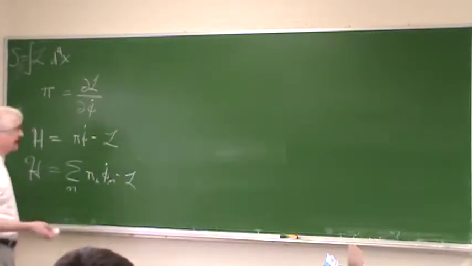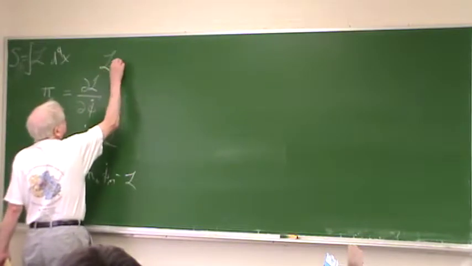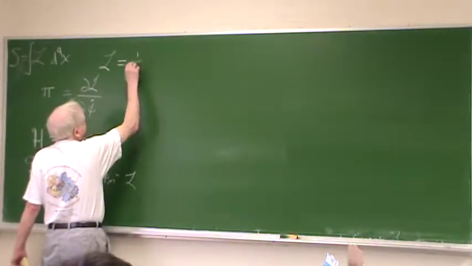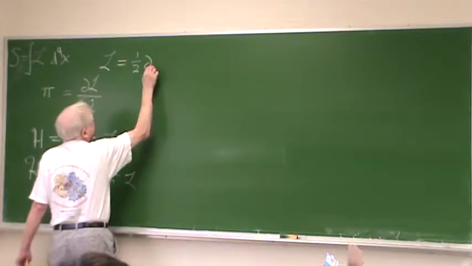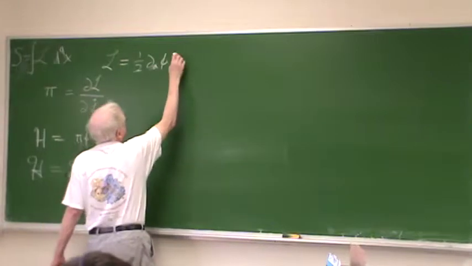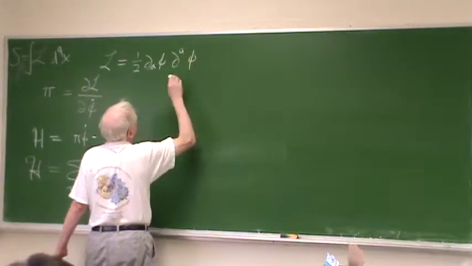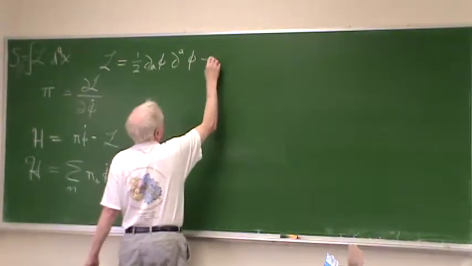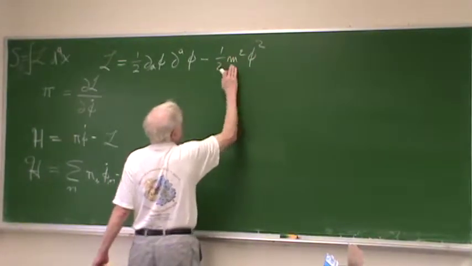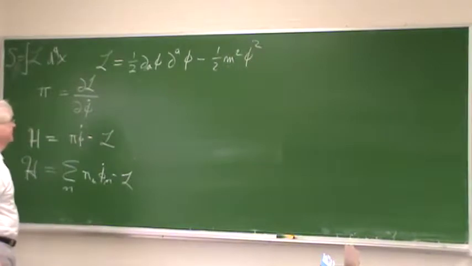The simplest case is where the action density is simply a half, you can write it as, let me use Roman when I think of it, that's the kinetic part, that's a mass, and that's phi squared.